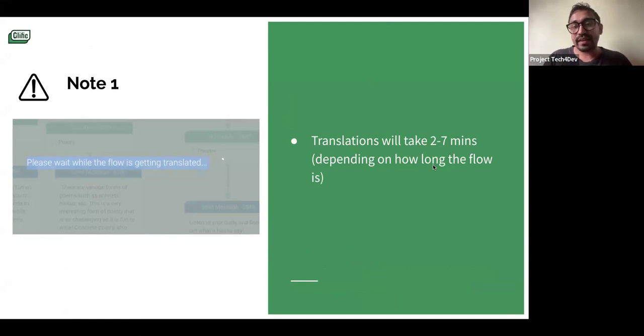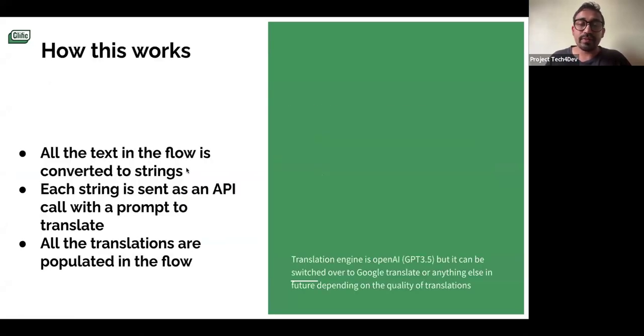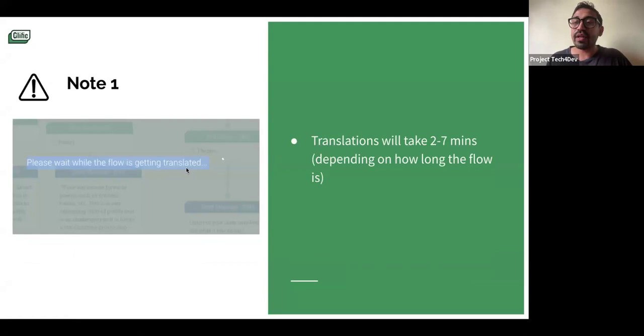First, the biggest thing is it will take time. As soon as you click translate and submit, it will take 2 to 7 minutes, maybe sometimes 10 minutes, depending on how long the flow is. This is happening because each of the send message nodes is getting sent as an API request to translate and then get back.